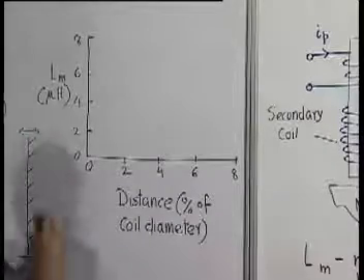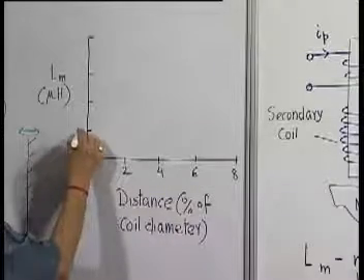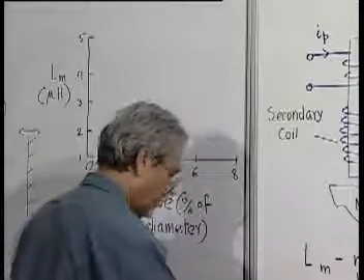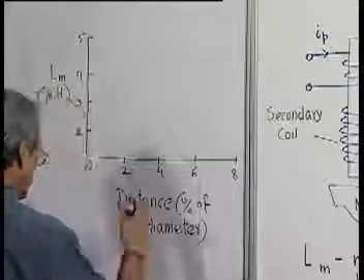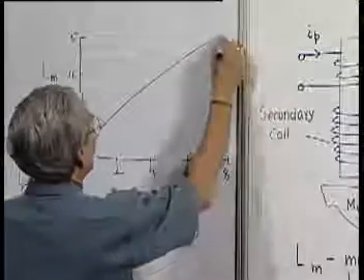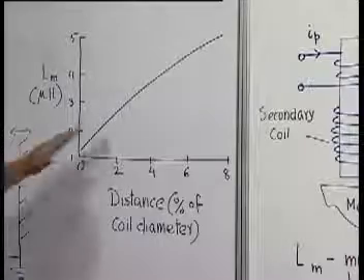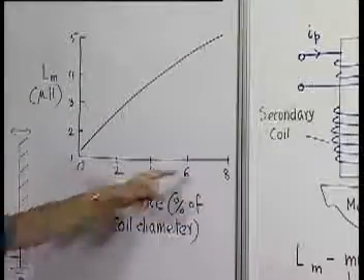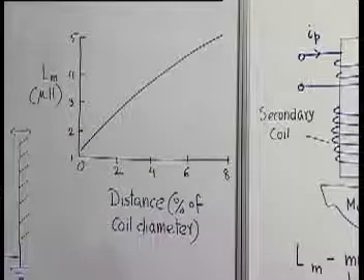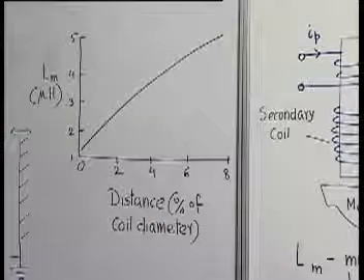Let us put a somewhat smaller scale, say 1, 2, 3, 4, 5, otherwise it will be too flat. So this variation then we will see will be almost something like, not exactly linear, but almost a straight line if you keep it within 5% of coil diameter. So this is the order of magnitudes involved, which can give a better idea about the kind of quantities involved.